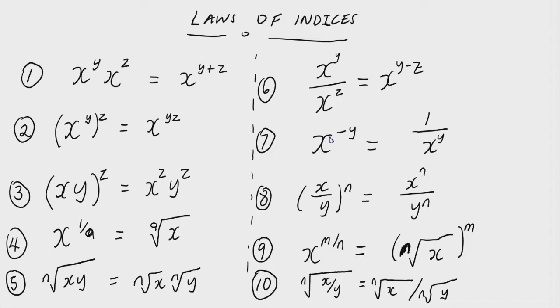And here, whenever you have something raised to the power of negative something, that negative can be written as a reciprocal of that function or factor. And here's x divided by y, raised to the n, and of course you should know that when you open the brackets, it's going to be x to the n divided by y to the n. That one's kind of plain. This one is not so obvious, but it's kind of similar to 4.